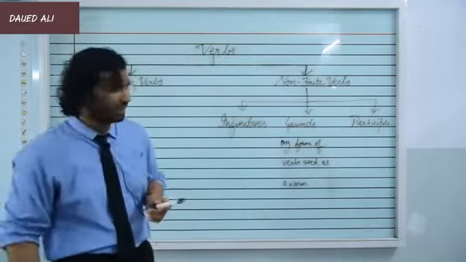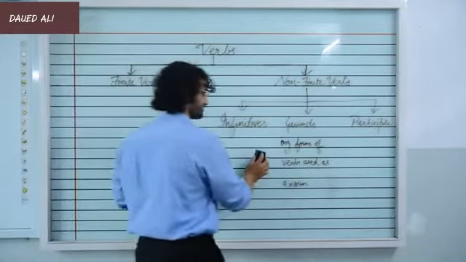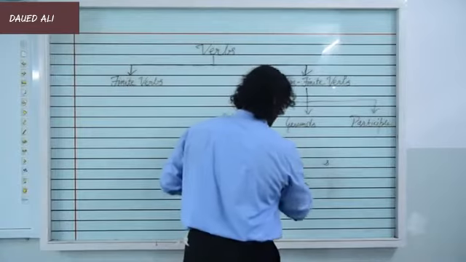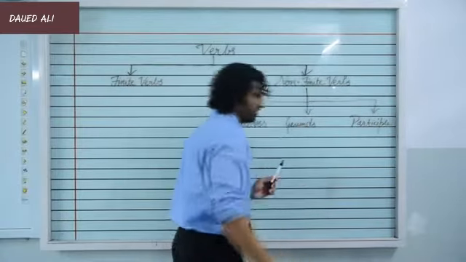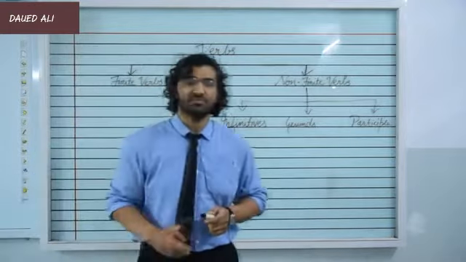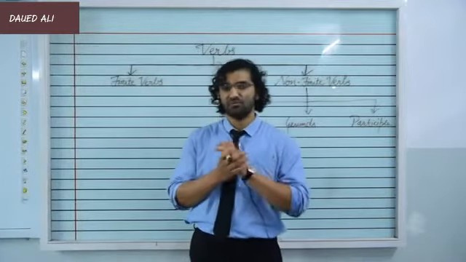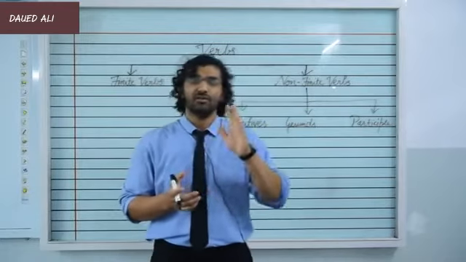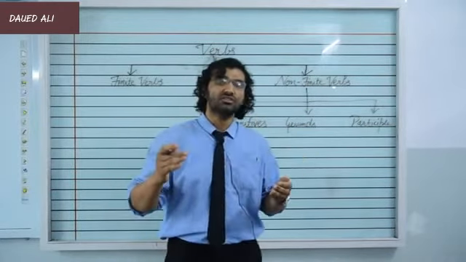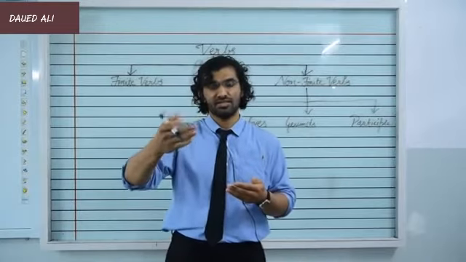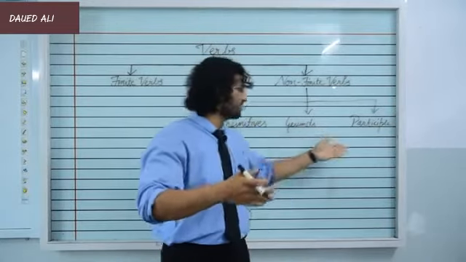We will now talk about participles. We have three kinds of participles. I think you already know about them. Present participle, past participle, and perfect participle. All right. When these participles are used as an adjective, that's when we call them participles.